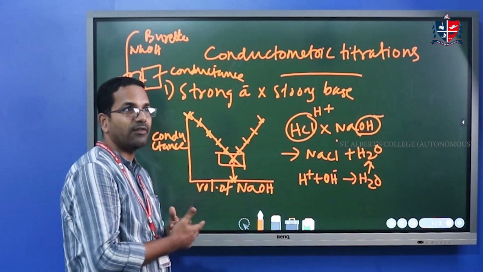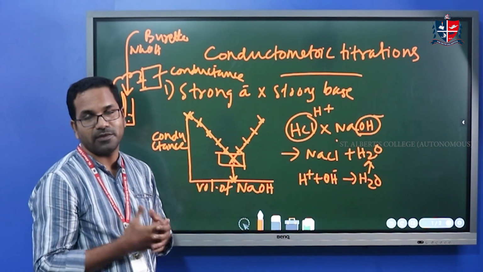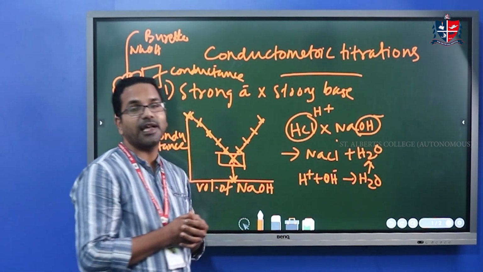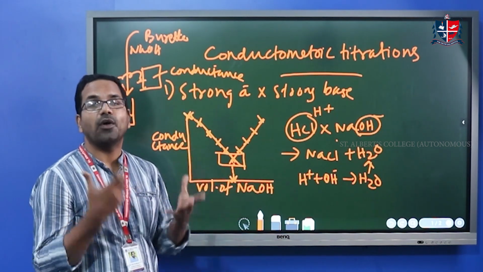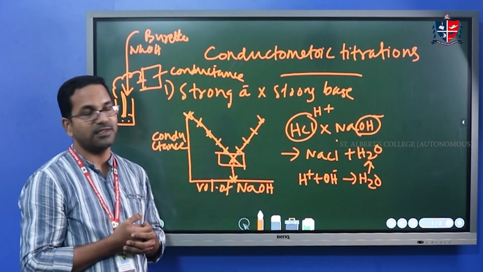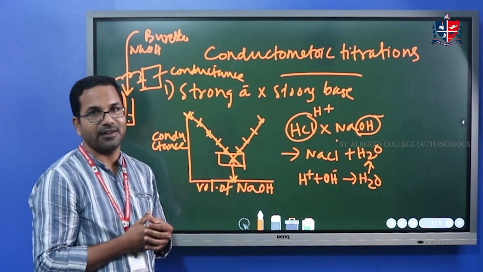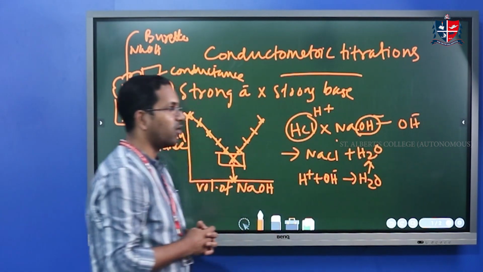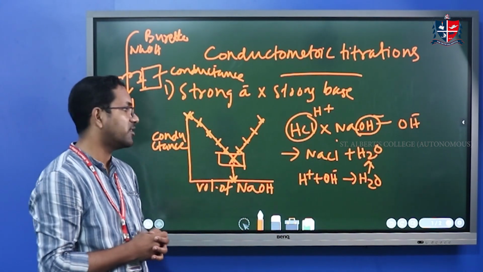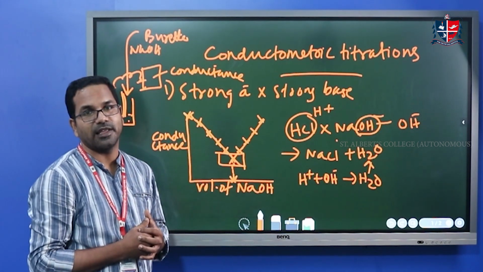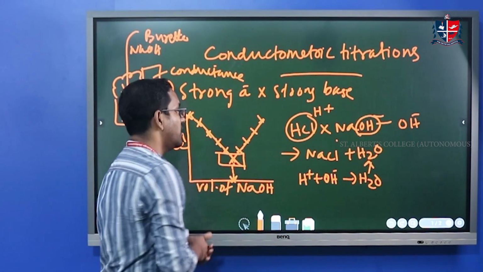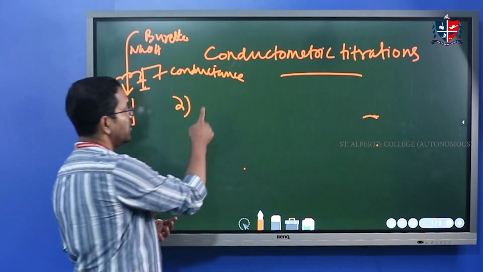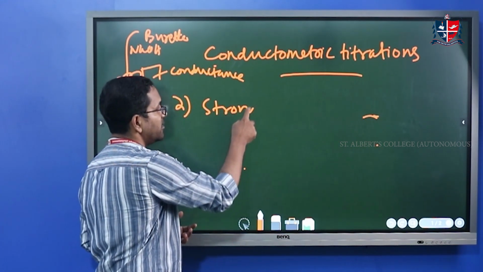After that, when we add NaOH, because we are not aware of the end point of the solution, the OH minus ions of the excess NaOH give a high conductance value. Thus, conductance increases continuously. That is how you get the V-shaped graph. This is the conductometric titration of strong acid versus strong base.